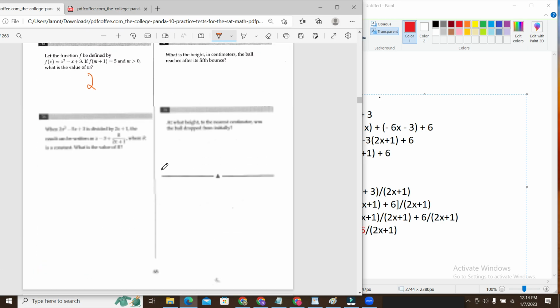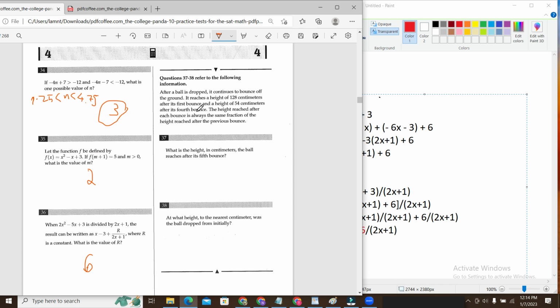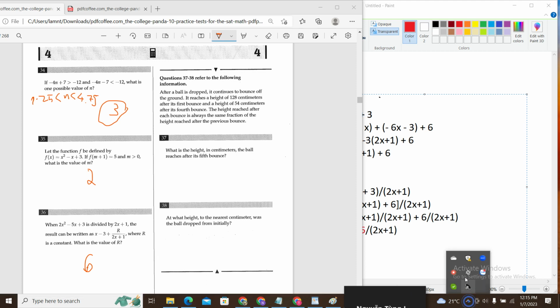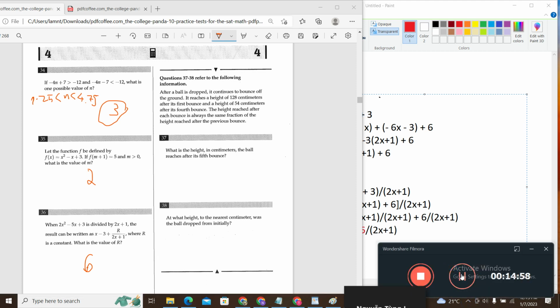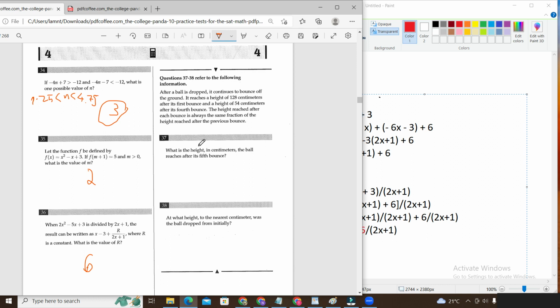Alright, so lastly we just have to deal with 37 and 38. Let's check number 37 and 38. If a ball is dropped, it continues to bounce off the ground.